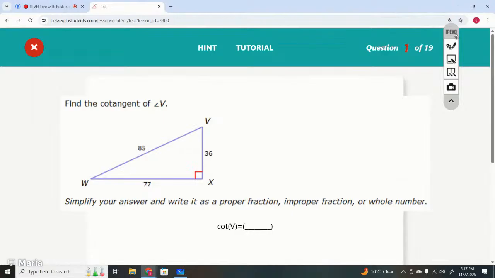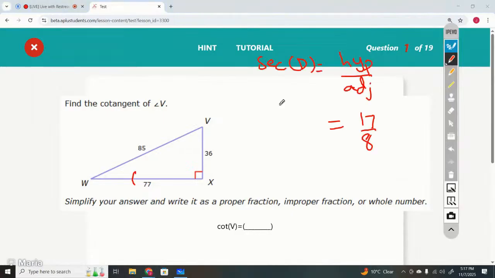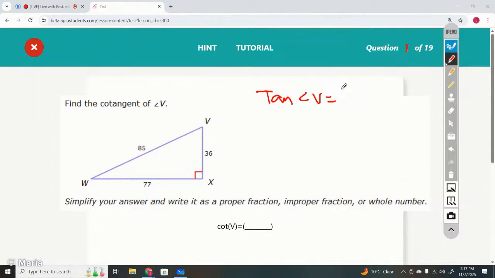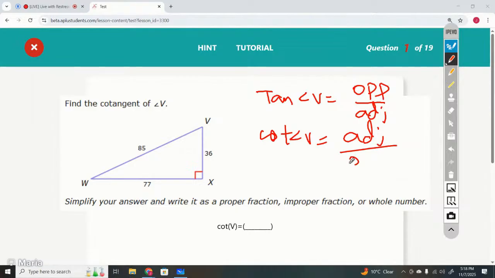So tan of angle V is opposite divided by adjacent, right? And then cot of angle V is the reciprocal of tangent, so adjacent over opposite it is.